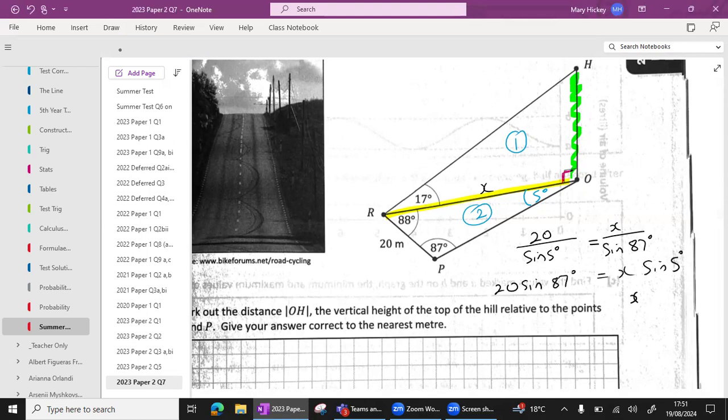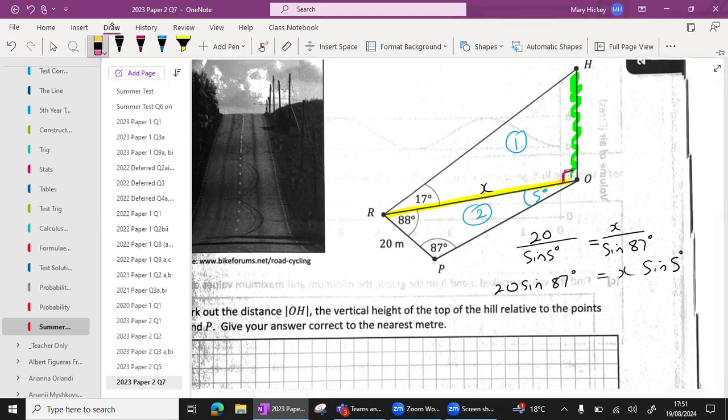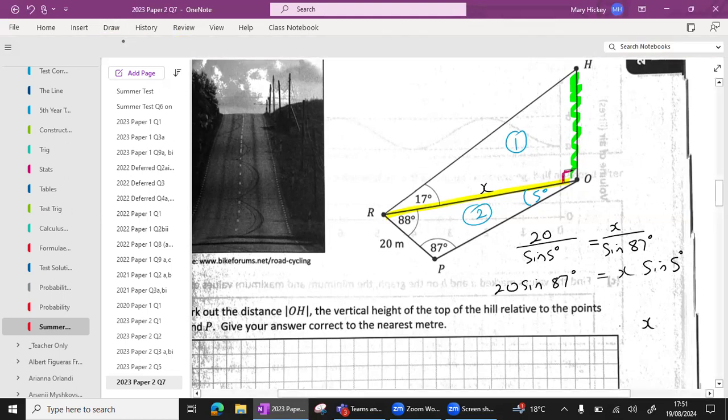Now all I'm doing is rearranging and finding X. Just check your calculator is on degrees, because sometimes when switching between questions, especially in exam papers, it's still on radians. If it's not, go to Shift Setup number 2 and change the angle unit to degrees instead of radians.